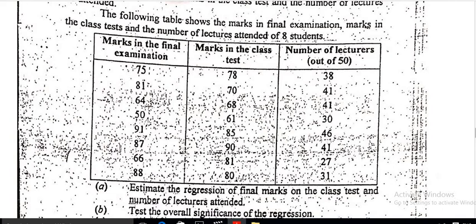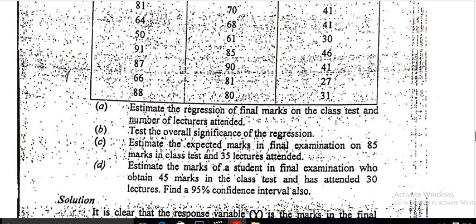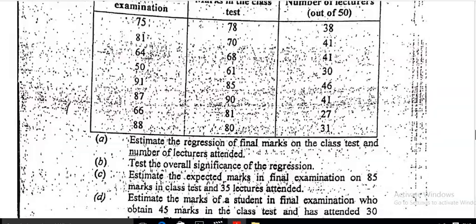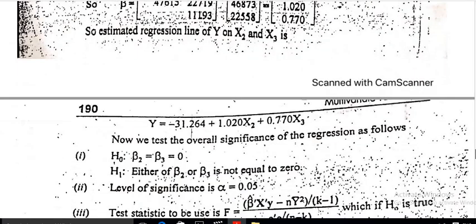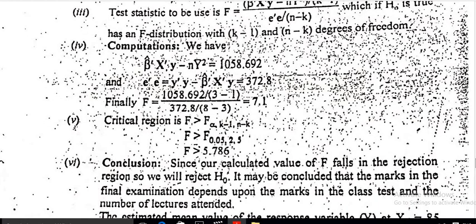These values will be replaced and we obtain y hat and y minus y hat, where y takes the values 75, 81, 64, and y hat is obtained by replacing the values of x2 and x3 in the linear regression model. Then we have the difference between y and y hat. We have obtained the e values, and taking the transpose of e we have e transpose e, which will be replaced here. We have obtained the value of e transpose e.